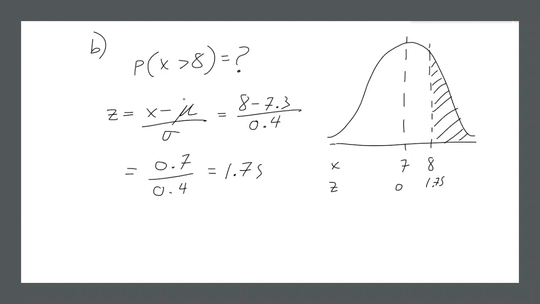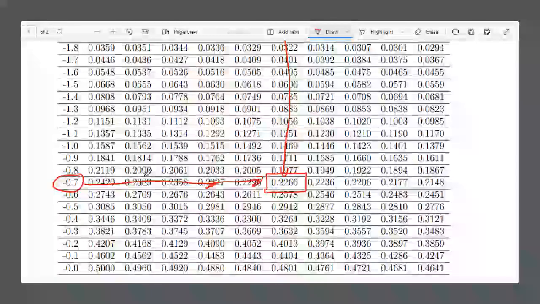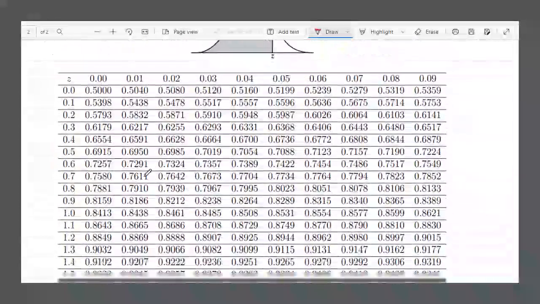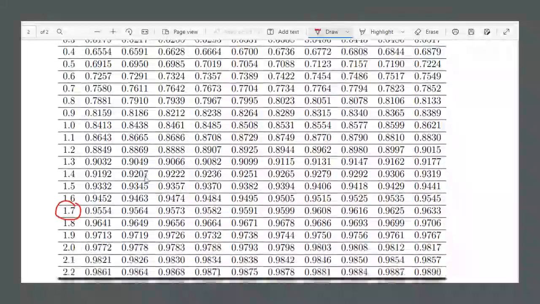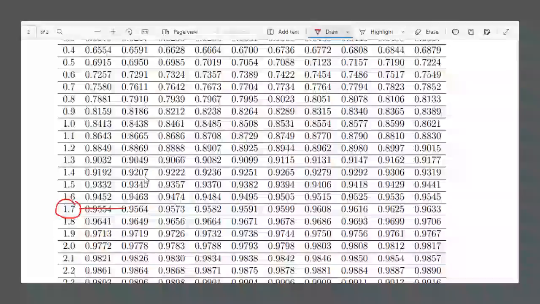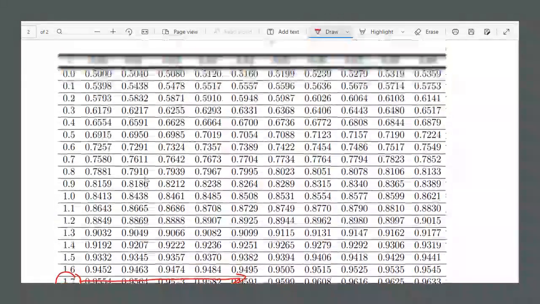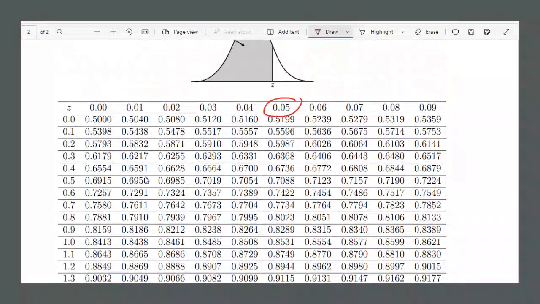Now the z table only shows us the probability of being below it, but it's still our first step to find that. So the probability that Z is below 1.75, we look for 1.75 on the z table. There's 1.7 right here. We match that up with the second decimal point, which is a 5.